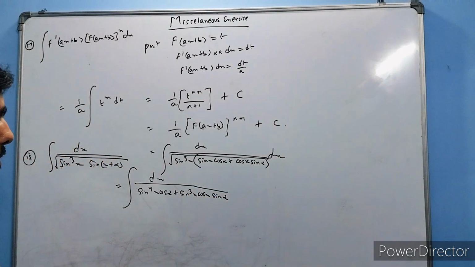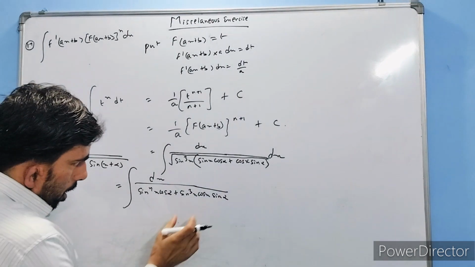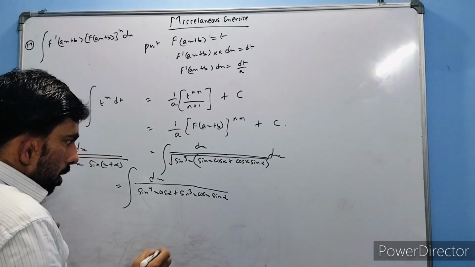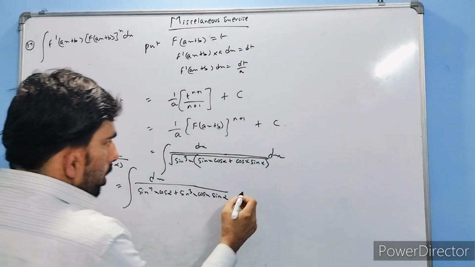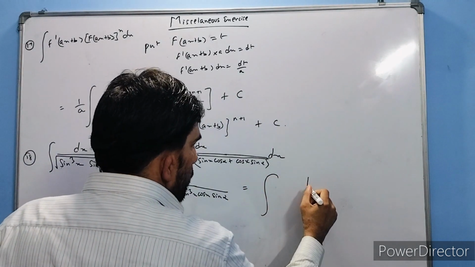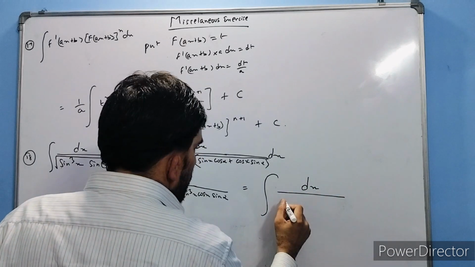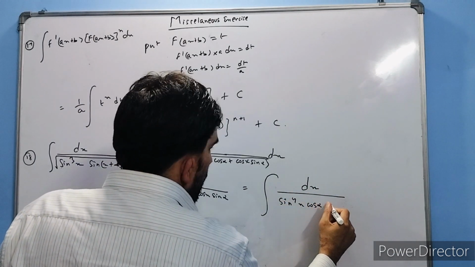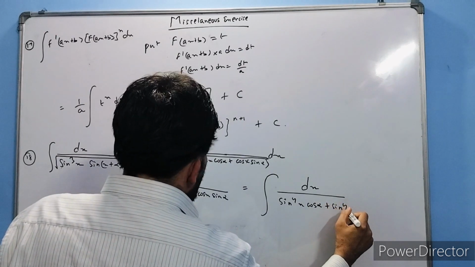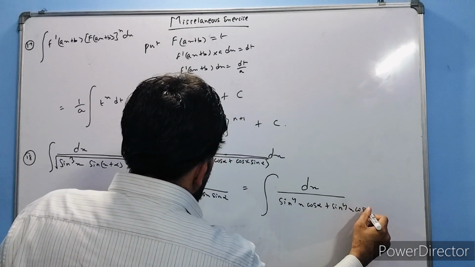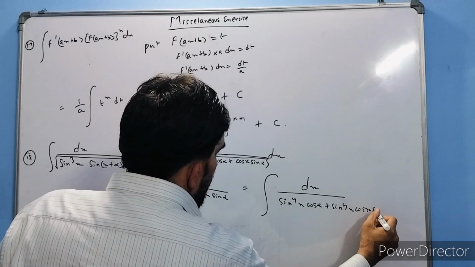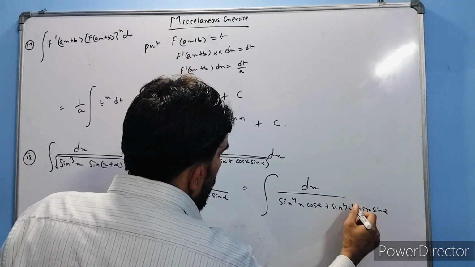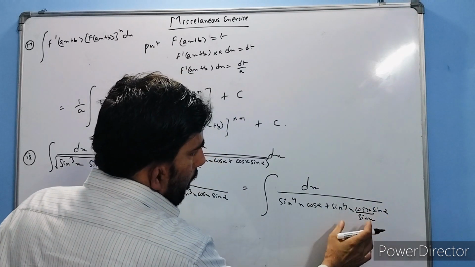Now what we can do here is multiply and divide by sine x in this. So what we'll get is sine power 4x cos alpha plus sine power 4x cos x sine alpha upon sine x. In this I have multiplied and divided by sine x.